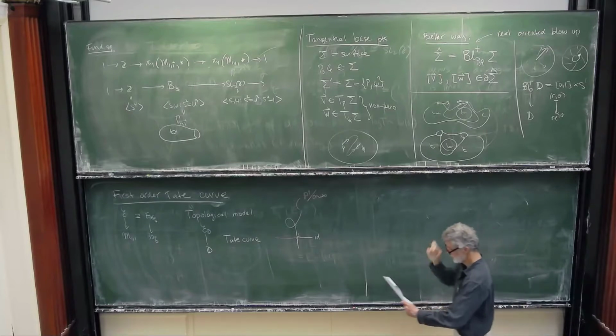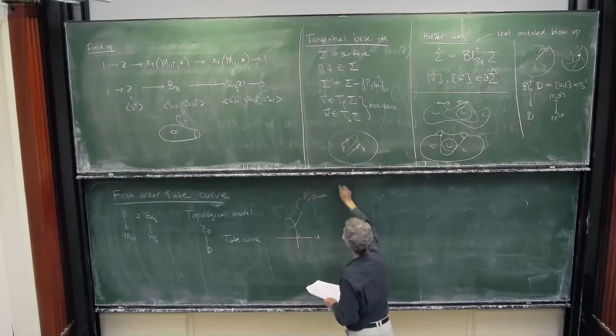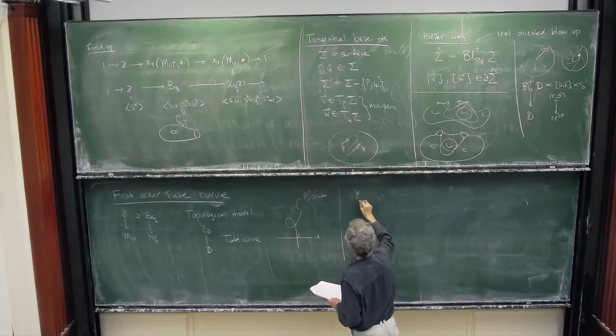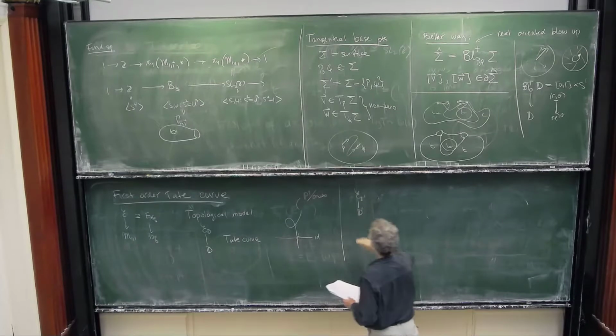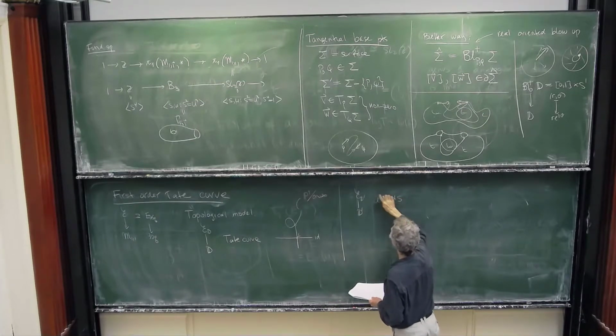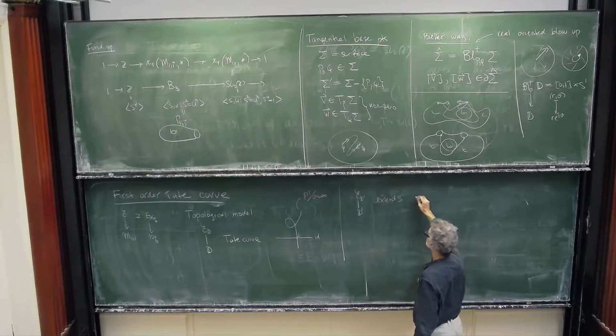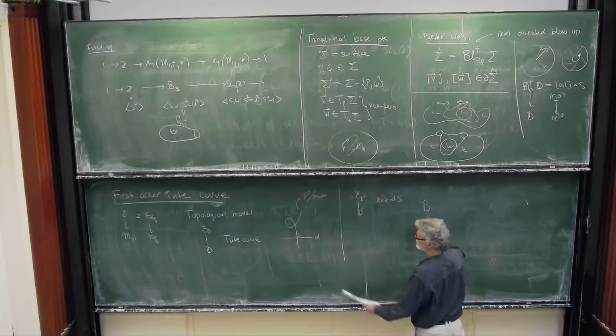And so we can look at the universal elliptic curve over, say, the punctured Q disk. I claim this extends to a topological family in a canonical way over the blow-up of this disk here.